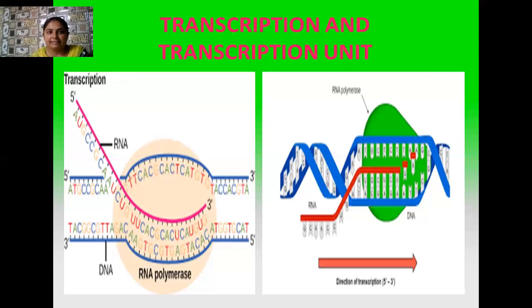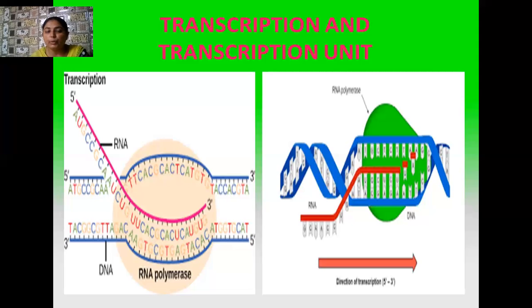And second, the two RNAs formed from the two parental DNA strands would also differ in the type of bases present on them, and because of these bases, different kinds of proteins or amino acids would be formed, and as a result there would be complexity in the genetic information.